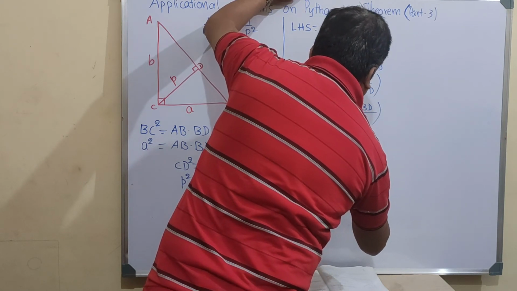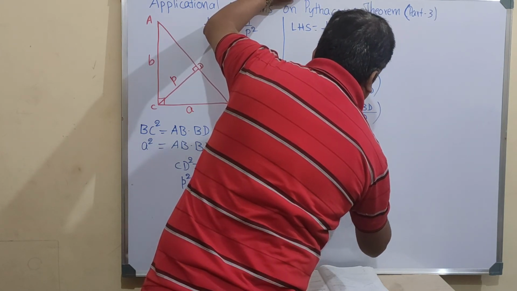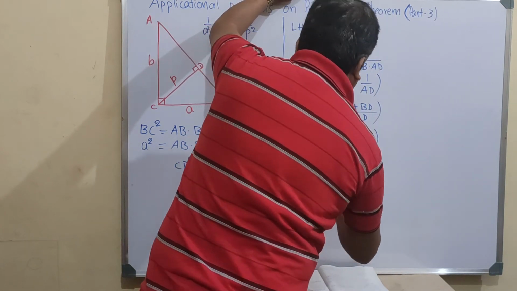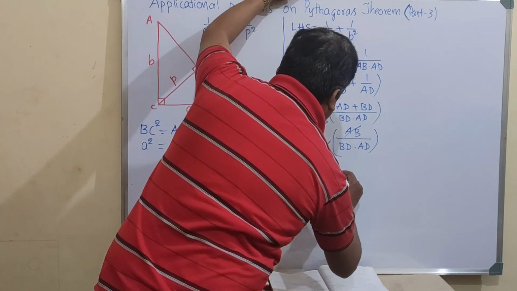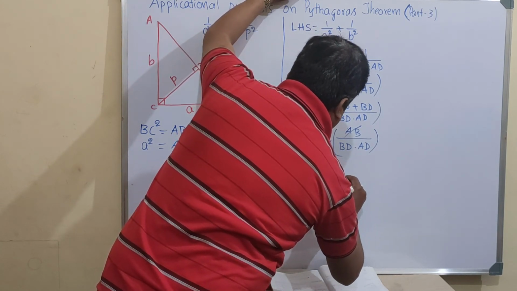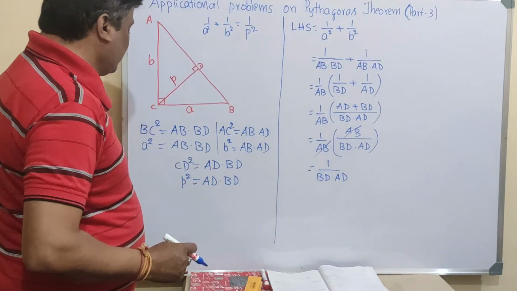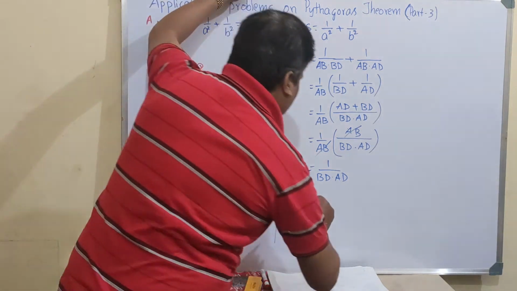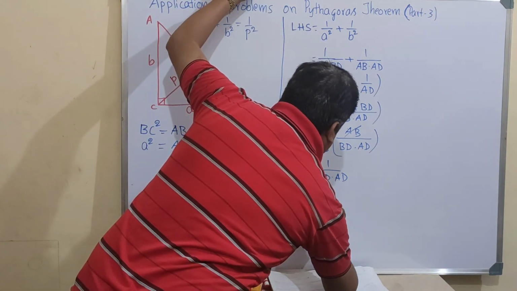AB by BD into AD. Let's cancel AB. Then what remains is 1 by BD into AD. So what can we write for BD into AD? BD into AD is nothing but P square, so 1 by P square.